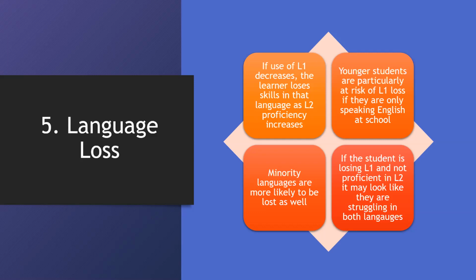So moving down, let's go left to right. Going to the right, where it says younger students are particularly at risk of losing their primary language if they're only speaking English at school.